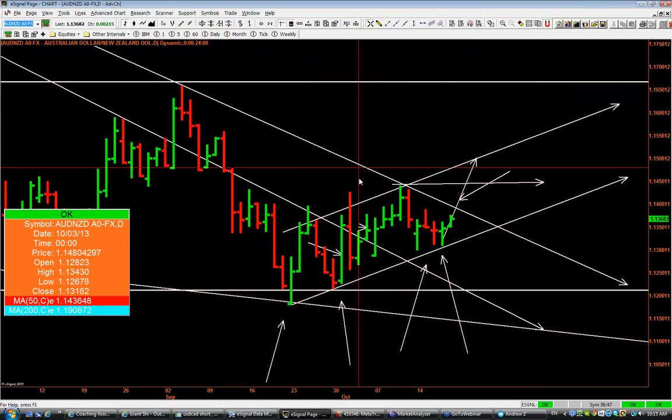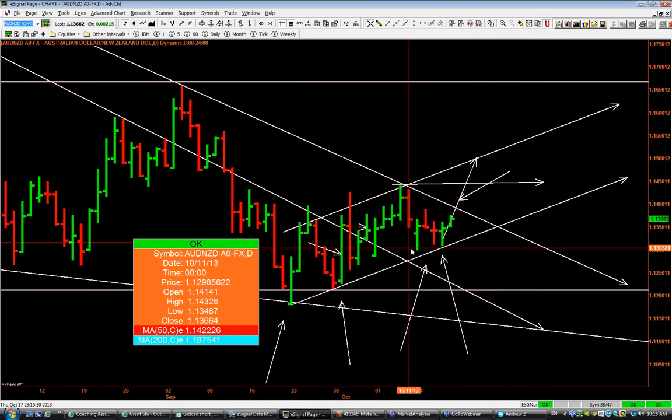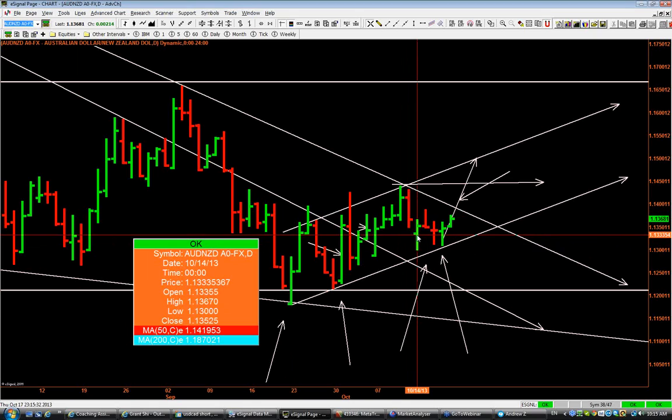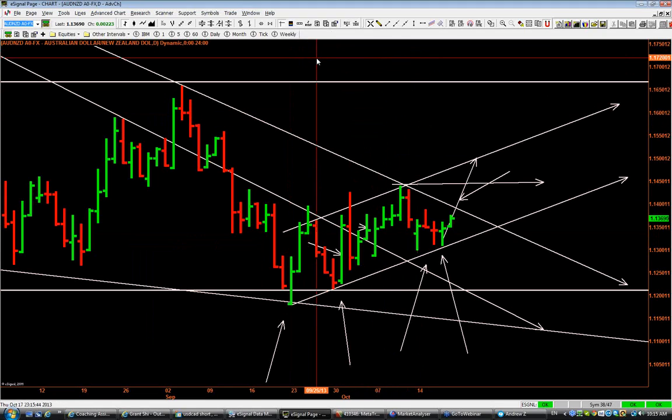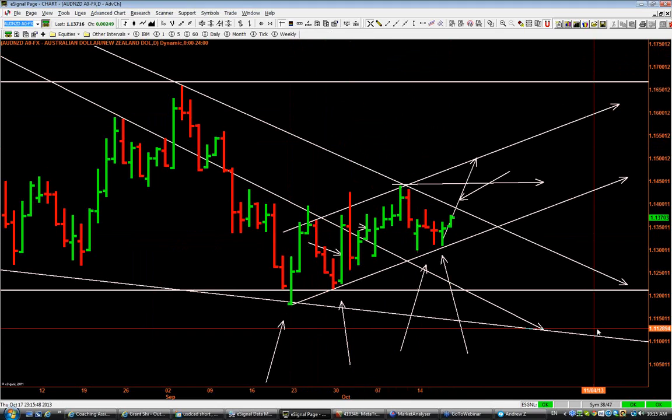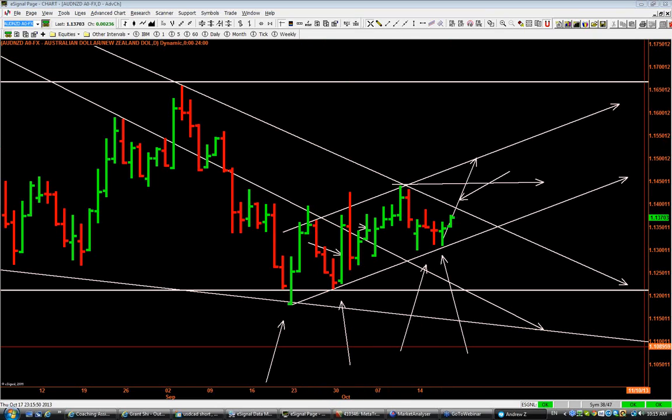Where's my cursor window? Yeah, cursor window here. Okay, so the low was 1.1300. So take 10 pips off, should be 1.1290. Yes, correct. That's my stop loss. I just gave a little bit more room, you know. I don't want to set up too tight. Okay.